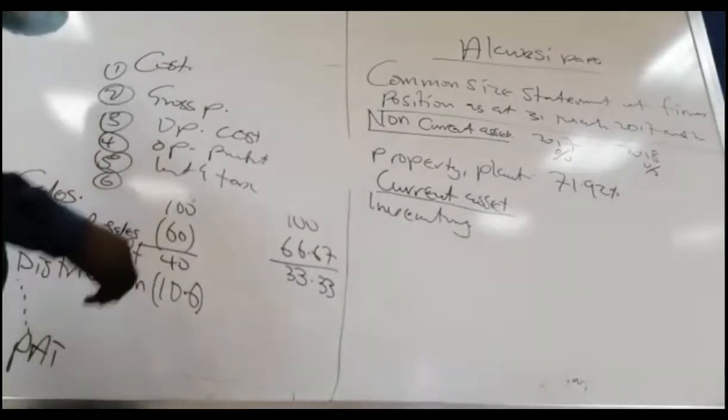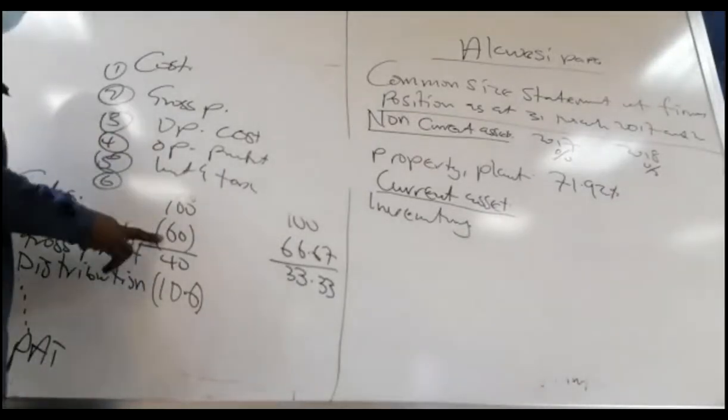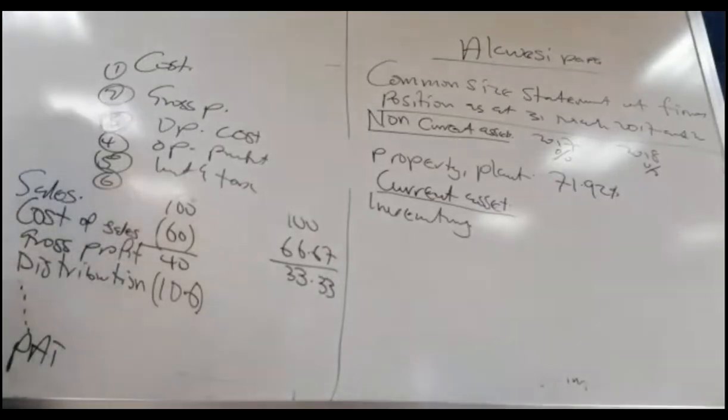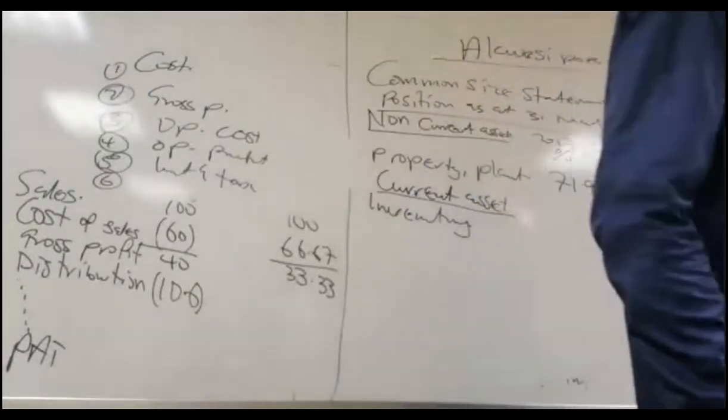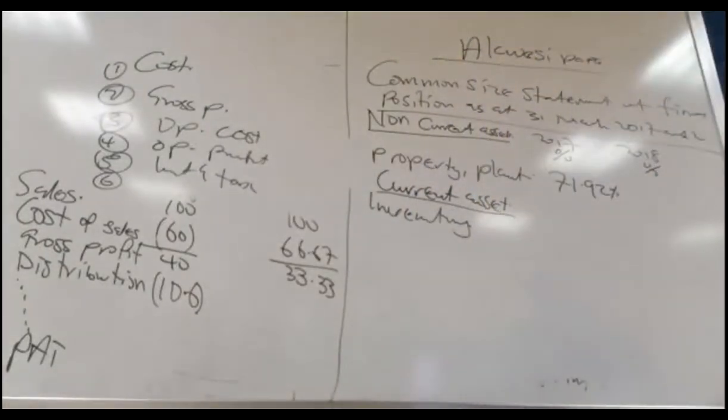So over here, you can see that cost of sales represents 60% of sales. So that means the majority of your sales are into cost. Yes, some organizations can generate revenue, but for every revenue they generate, they spend a lot before they can generate such revenue. That's what we can see here.